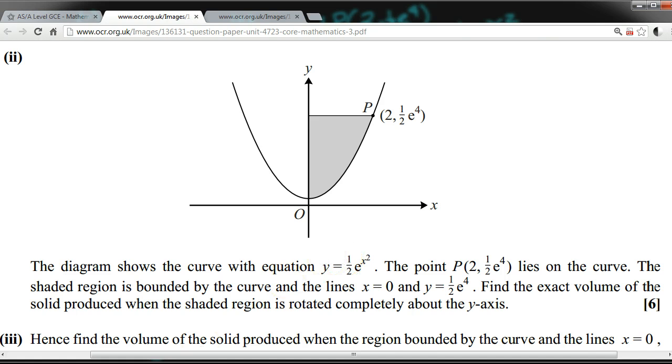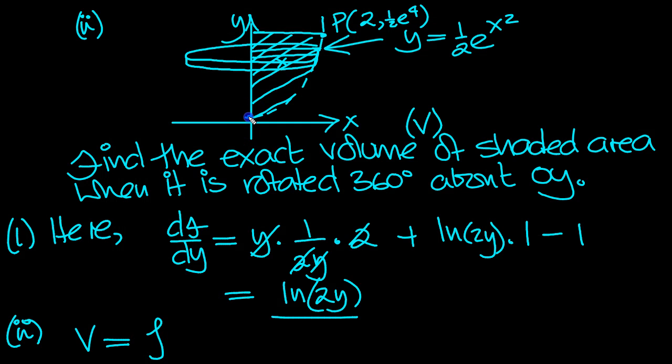So let's put that in the picture then. So this lowest point here is a half and 0. X is 0, y is a half. Here, so we're going to sum the discs from a half up to the y value here, which is a half e to the 4 of these discs.